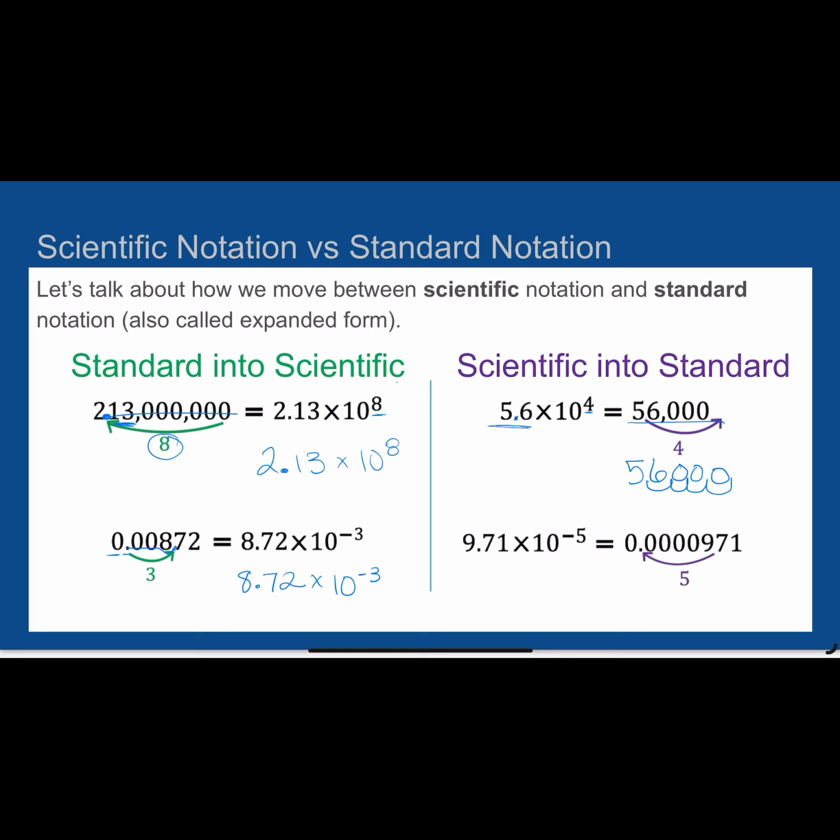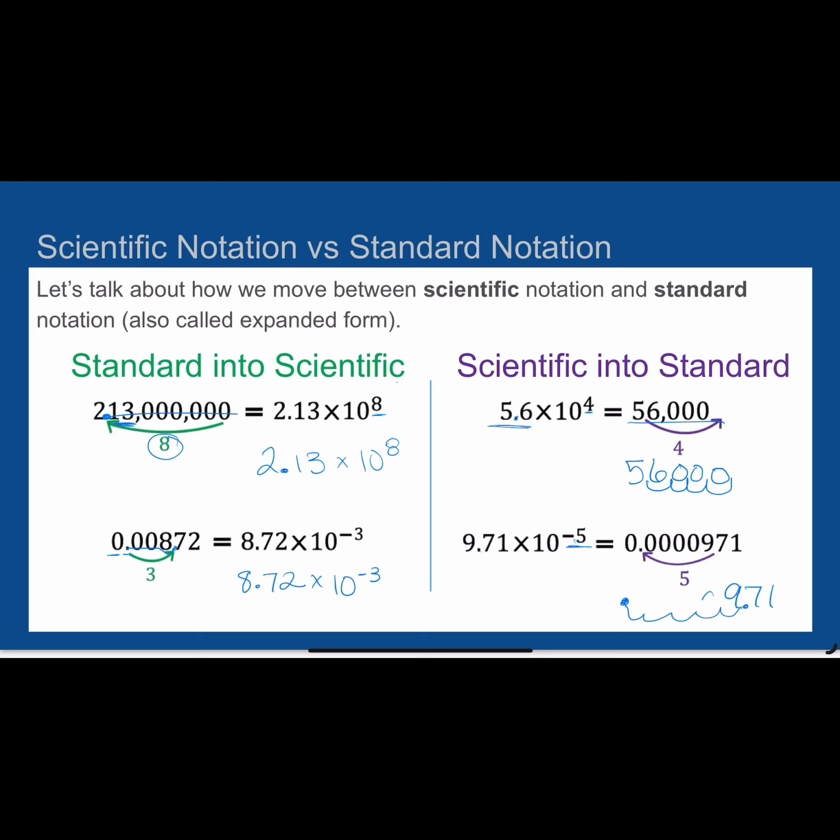And again, when we've got negative exponents, we're going to write our number and imagine where that decimal was. And we're going to go 5 spaces to where a new decimal would be. 1, 2, 3, 4, 5. And draw that new decimal.